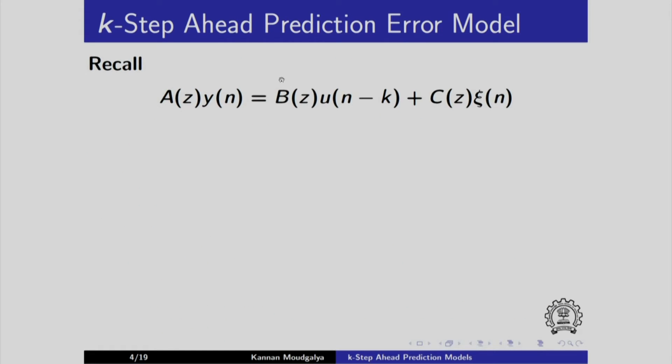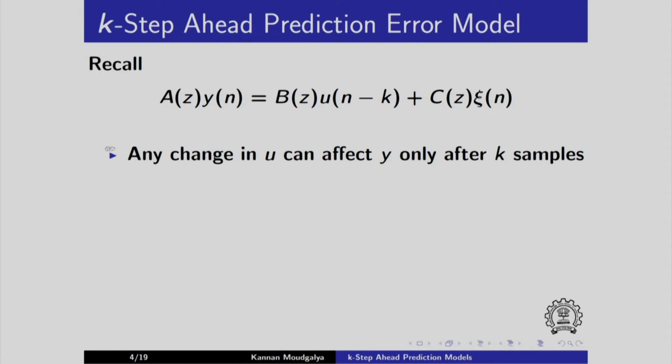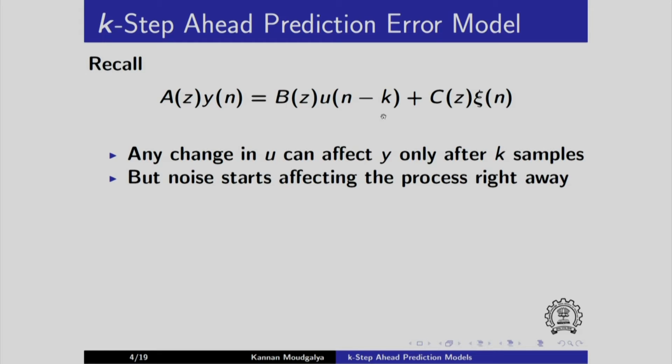Now we will explain the K step ahead prediction error model with the ARMAX that we saw in the previous page. Here is the key observation: any change in U can affect Y only after K samples because of the delay of K here.